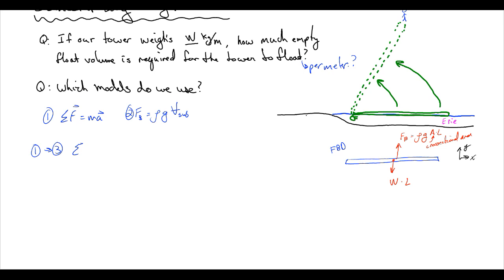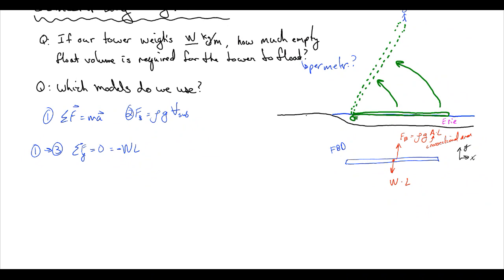Great. So now we're going to do the sum of all of our forces in the y direction is equal to 0, because nothing's moving, is equal to our weight times our length, but that's a negative because it's going down, plus our positive rho g times A times L, our length. Great.